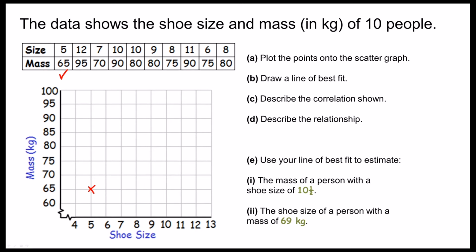I need to repeat that for the other 9 bits of data. So the second person has a shoe size of 12 and a mass of 95. That'd be just there.